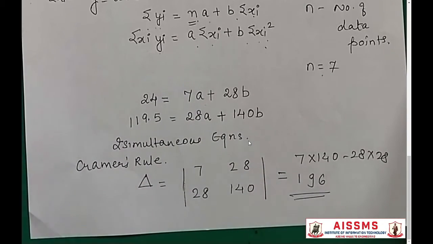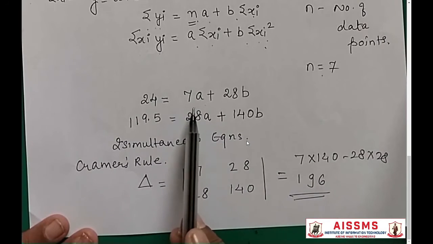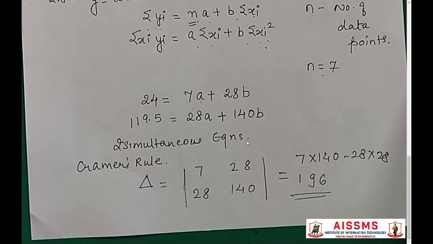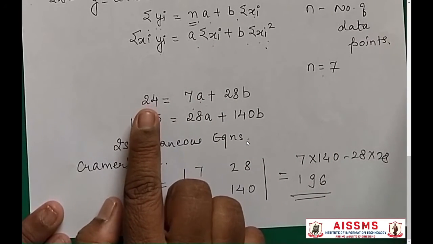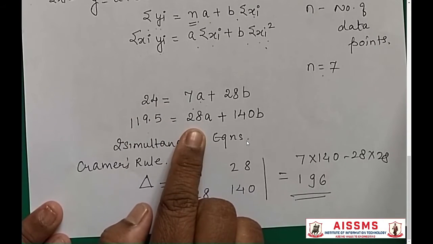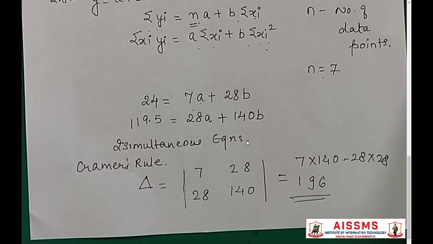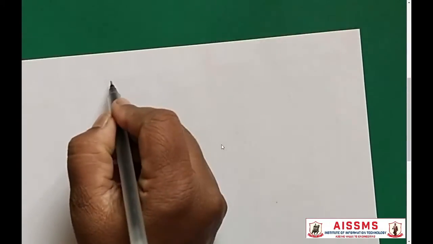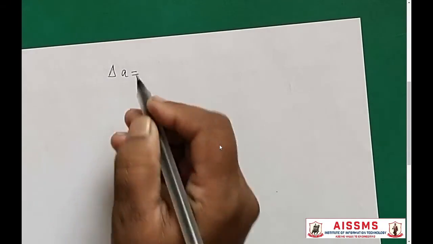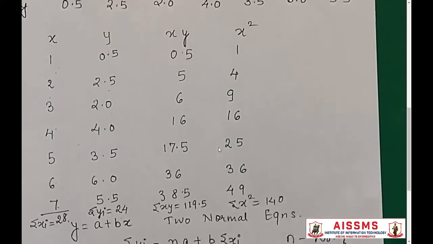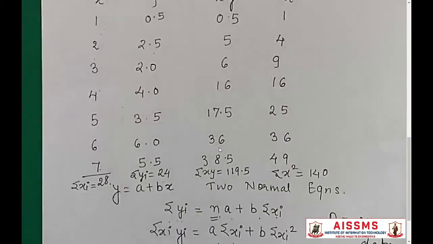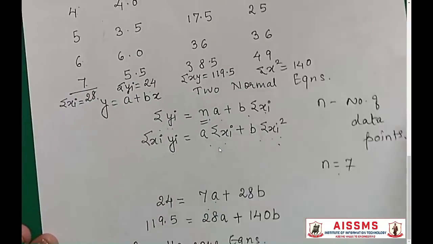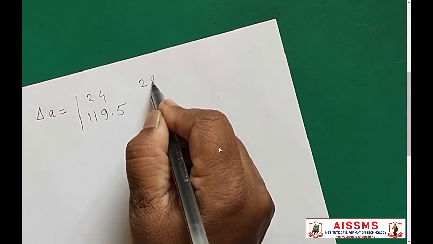Now, when you have to find out the a coefficient, you remove this column and put the constant values over here: 24 and 119.5, and you find the determinant delta A. Delta A is the determinant with rows 24, 119.5 and 28, 140.